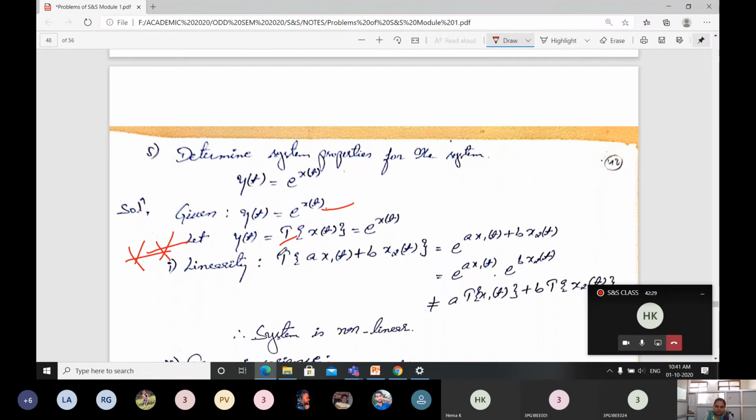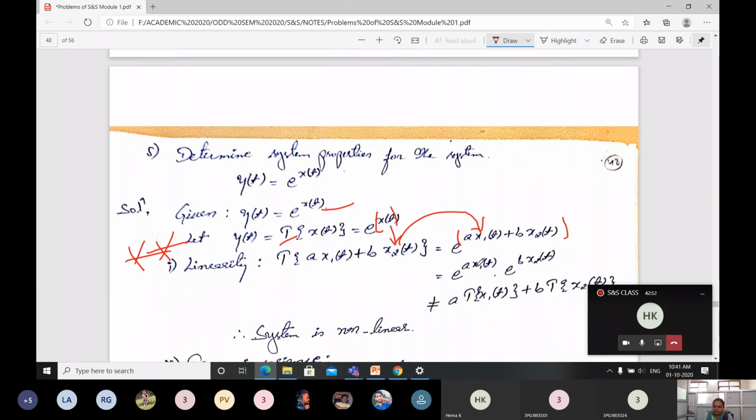For the linearity, T of a x1 of t plus b x2 of t. So where is our x of t? Here it is. Substituting for x of t with the same values, I will get a x1 of t plus b x2 of t. When I expand this, what will I get?